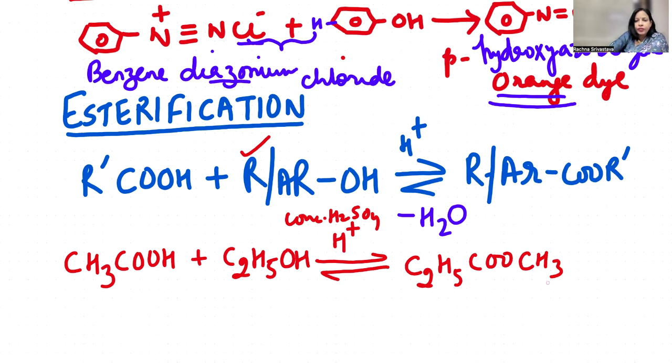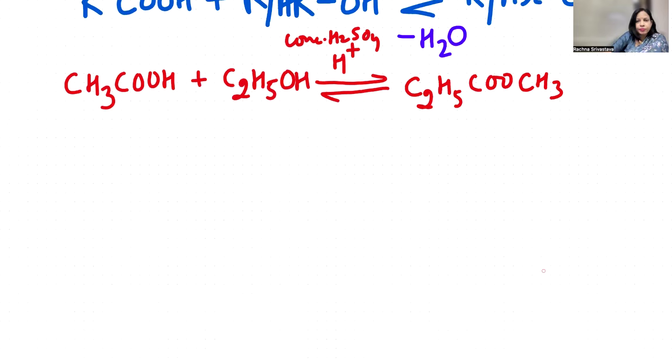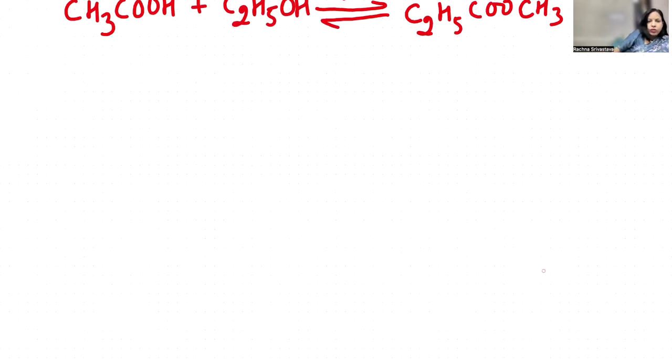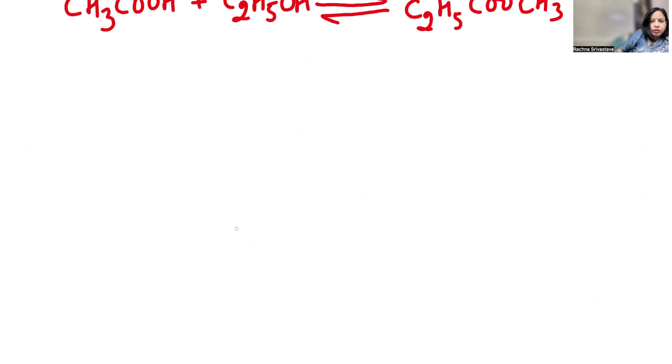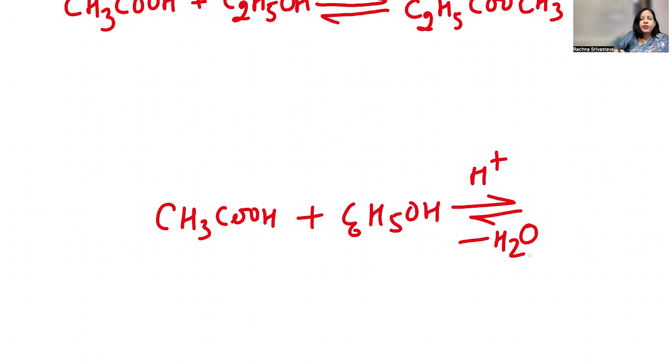Now suppose I take phenol in this case. Again CH3COOH and your phenol is C6H5OH. Again the reversible arrow, H plus ion. Elimination of byproduct is very important. You can write the product plus H2O also, or below the arrow you can write minus H2O, and you will get the product.